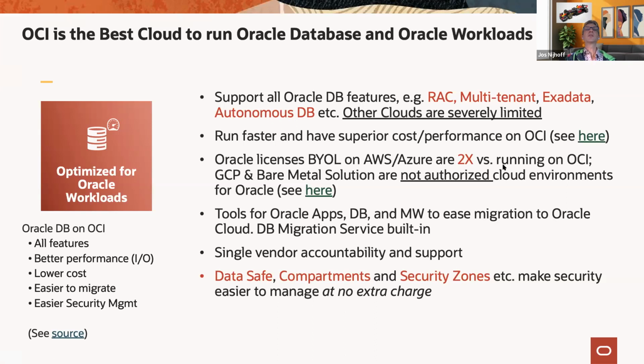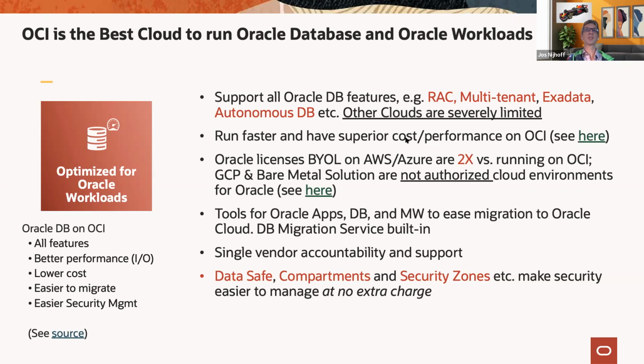And that is something to remember if you choose a cloud to run your database in. Also, because it is newer and we have better performance characteristics, you should look not only at cost, but cost over performance is very advantageous on OCI.